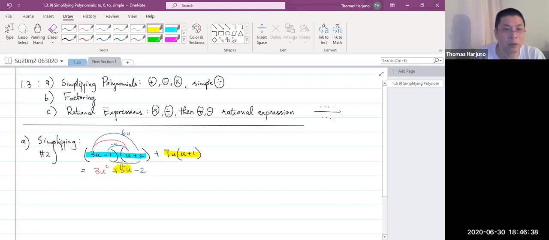That's how I get this 5u. Now then I go on the distribution there. This is plus 7u squared plus 7u. Put them together, gives us 10u squared plus 12u minus 2.